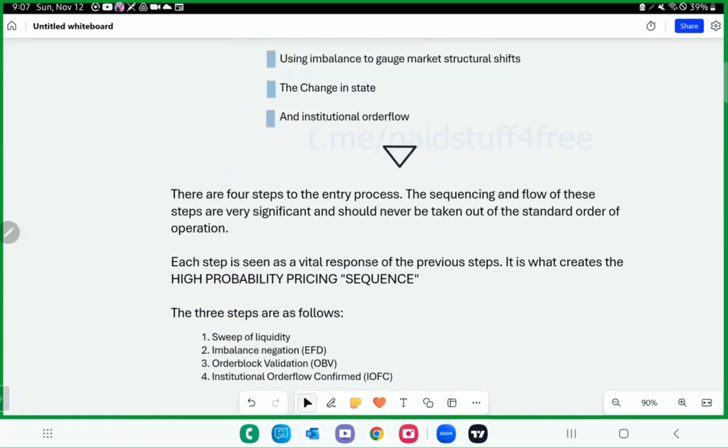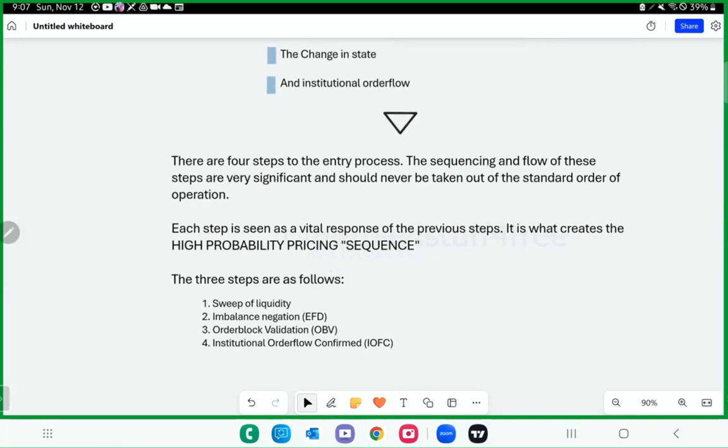The sequencing and the flow of these steps are very significant, so you should never take them out of the standard order of operation, because it's a very response-based, step-by-step process. Every step that occurs depends on the step that happened before it. So the 3 steps are as follows, or the 4 steps, I'm sorry.